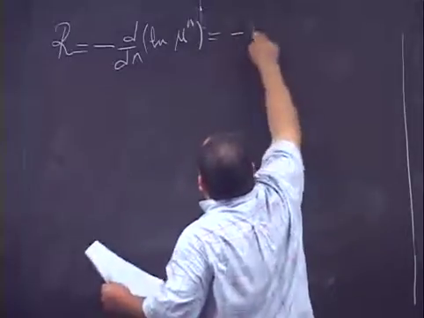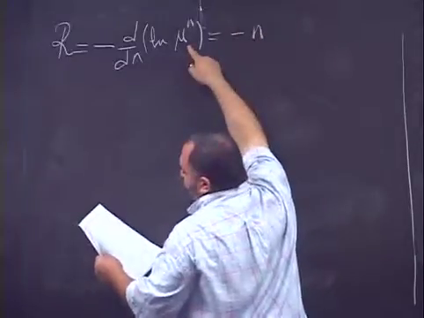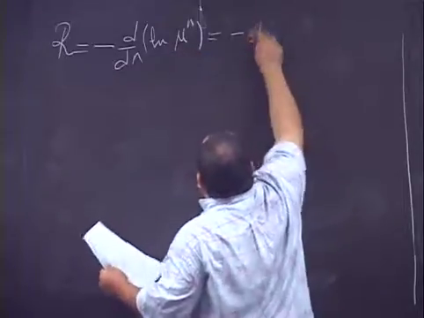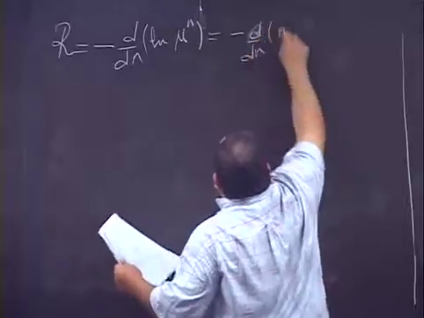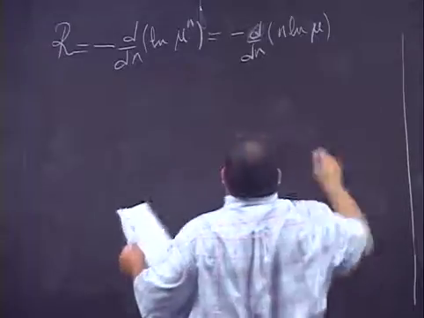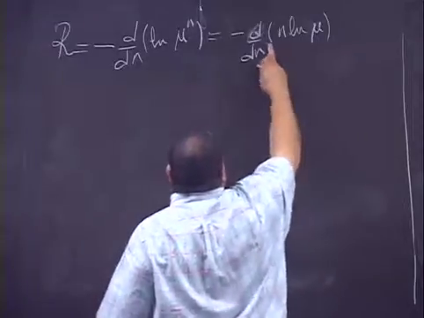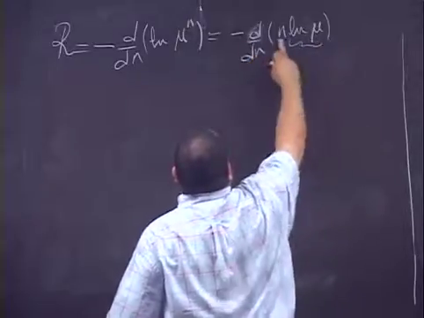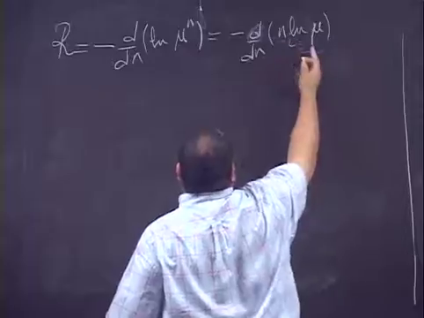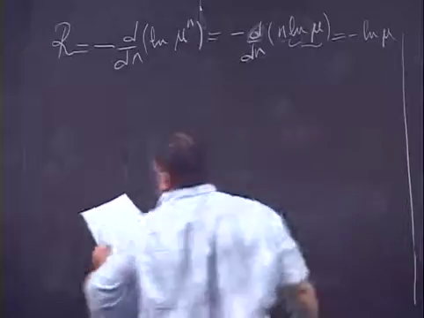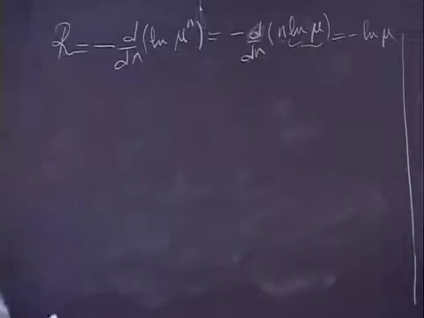Negative d by dn of n ln mu. And finally, this is a constant, so this will be d by dn of n multiplied by a constant, which is the same constant multiplied by 1, so this will give you negative ln mu. So now the rate of convergence is just negative ln of the spectral radius.